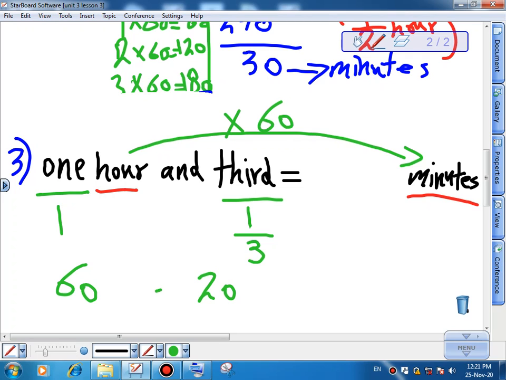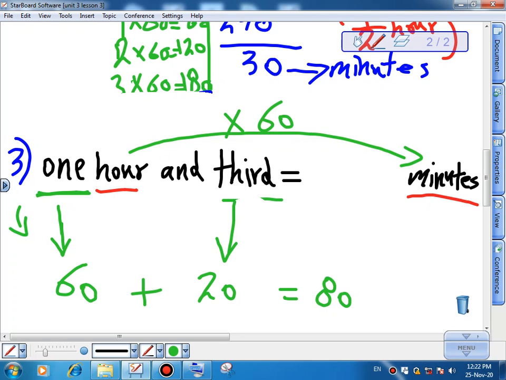So 60 plus 20 equal to 80 minutes. This is the easy way. First, look to the letter, do not convert it into digits. 1 hour will be 60 minutes, and a third of an hour will be 20 minutes. So 60 minutes plus 20 minutes will be equal to 80 minutes.